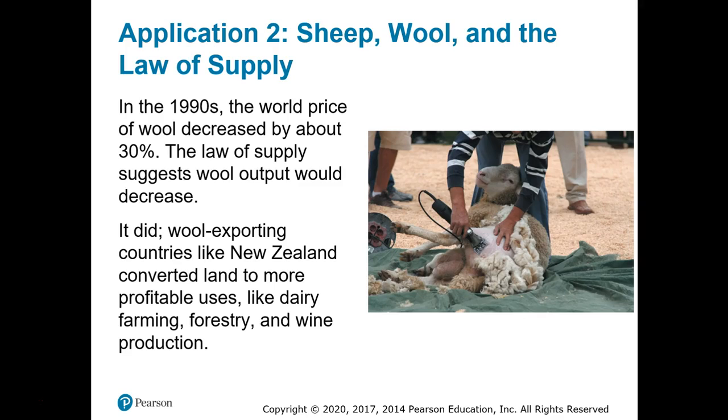Wool exporting countries like New Zealand converted their land to more profitable uses like dairy farming, forestry, timber, and wine production, or other alcoholic beverages, because wool was not popular. They weren't making any money. So the sheep industry shrunk.